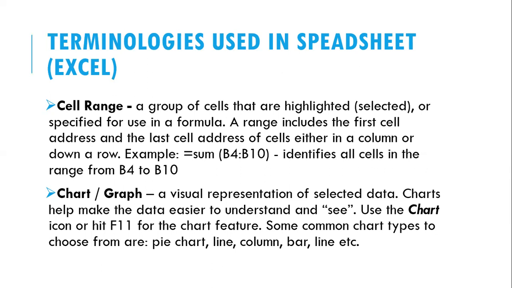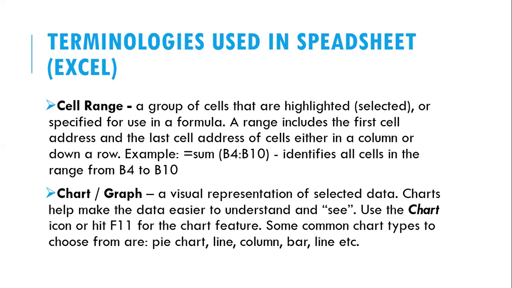A chart or graph is the visual representation of selected data. Charts help make the data easier to understand and to see. So you can simply see the data in your spreadsheet by use of graphs or charts.